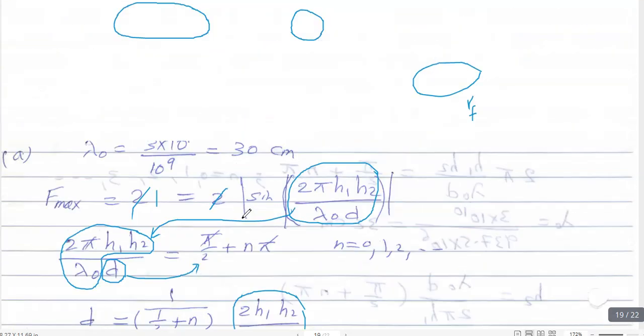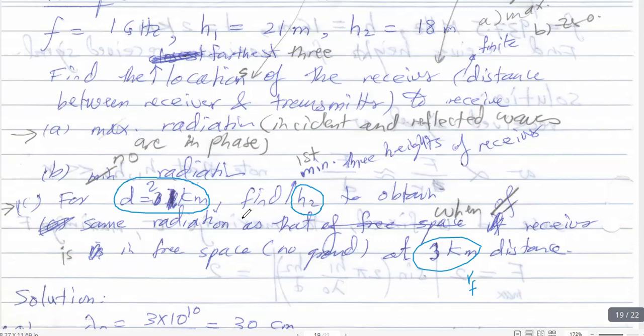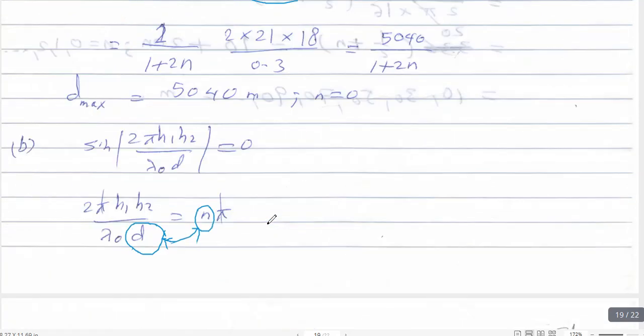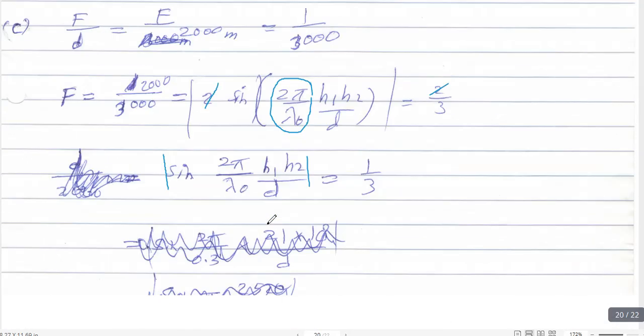The transmitter height. H1 was 21 meters.